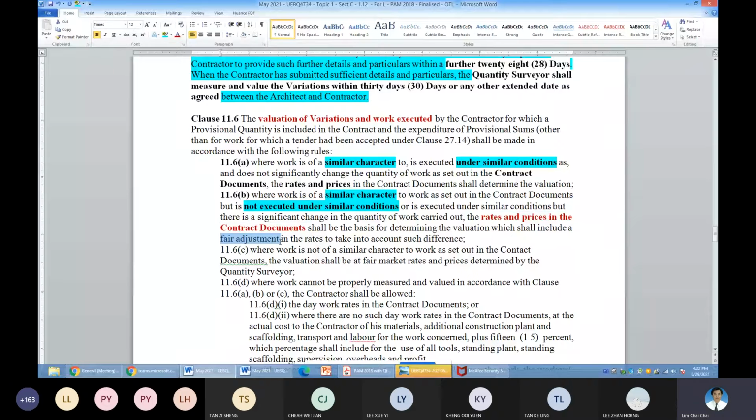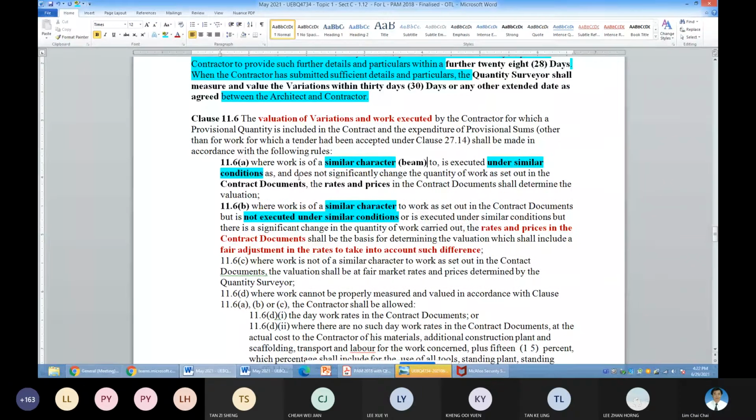So I go back to character. Example, okay? Character, if it's a beam, and then under similar condition. Let's say this one, the beam, the formwork.